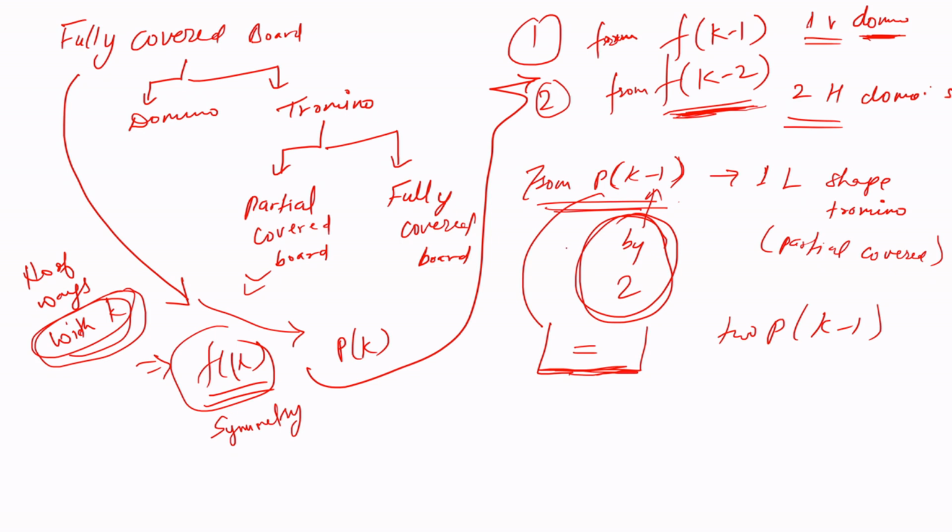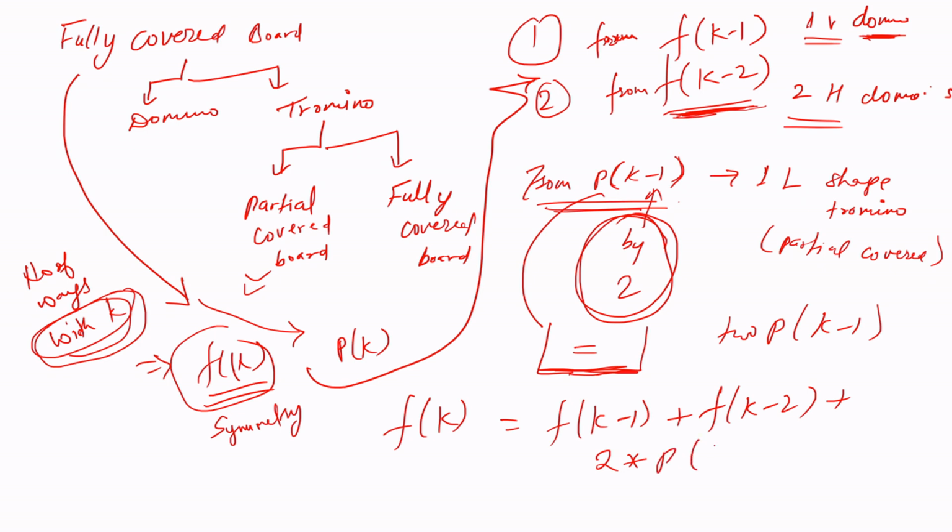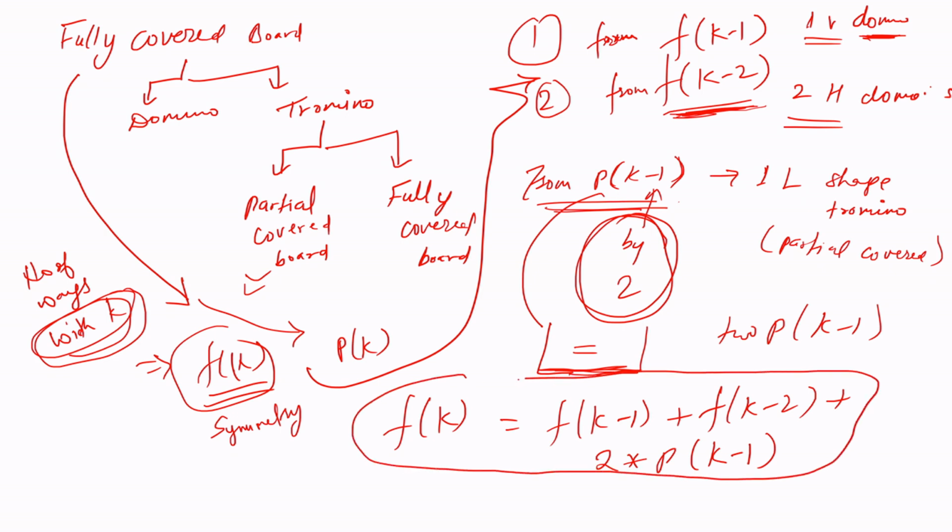So if we do the summing, what will happen? This is the k value, and f of k minus 1 will do f of k minus 2, plus we will do 2 times P of k minus 1. So I think this is our equation.